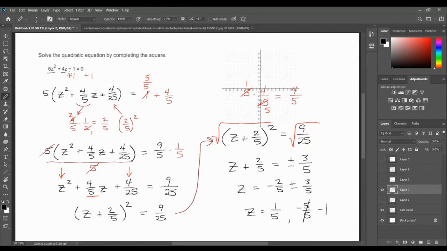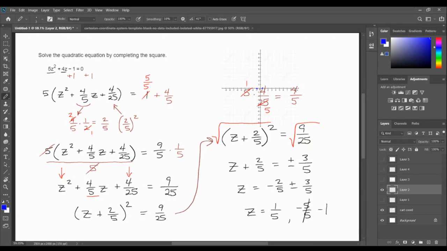So if we're graphing this particular function, it is a parabola, and we know that because the x is squared, and it is going to cross the x-axis at -1 right here and 1/5 about there.